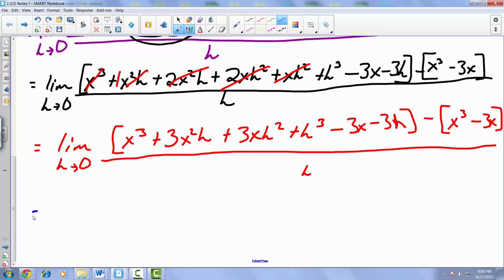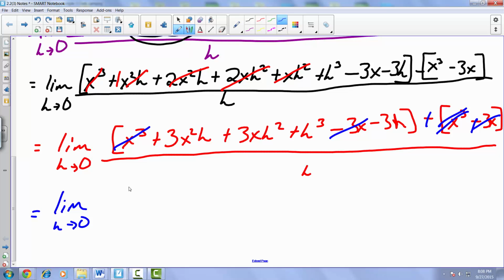Simplifying things even further on top, we have the limit as h goes to 0 of, it looks like these x cubes end up canceling out because we have x cubed minus x cubed, so those are gone. And then likewise we have negative 3x minus a negative 3x, so really we would be adding that second 3x. And thus these 3x's end up canceling out with one another.